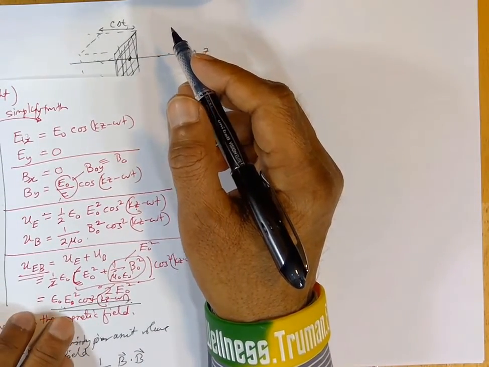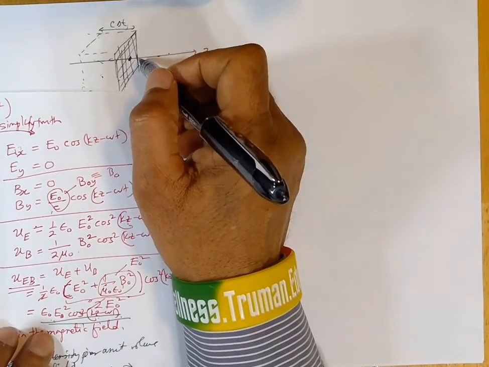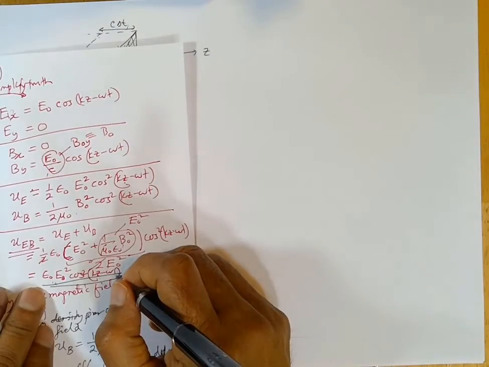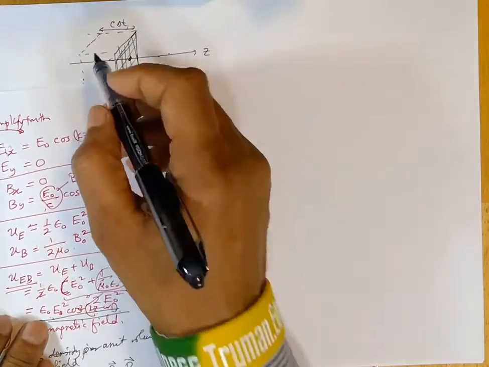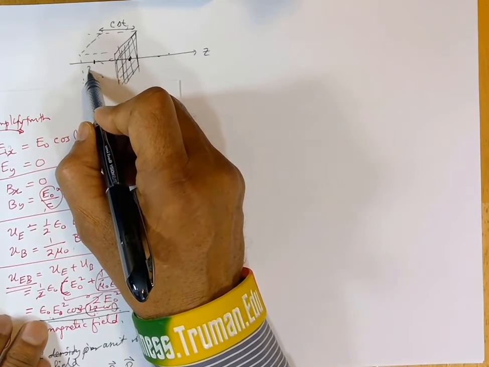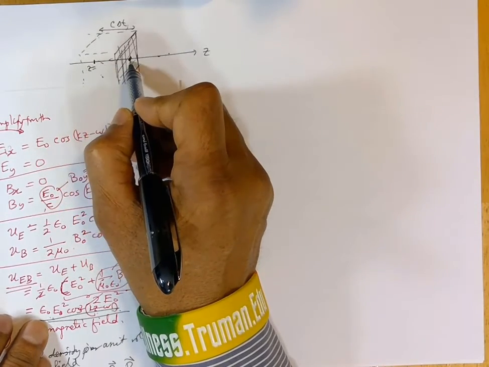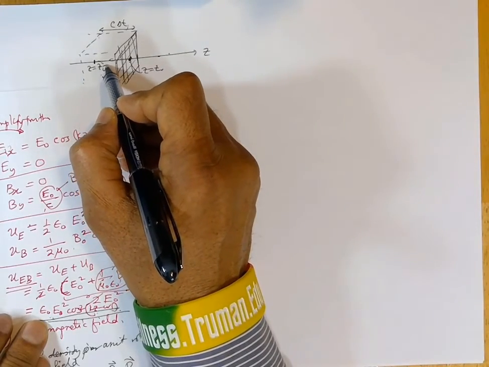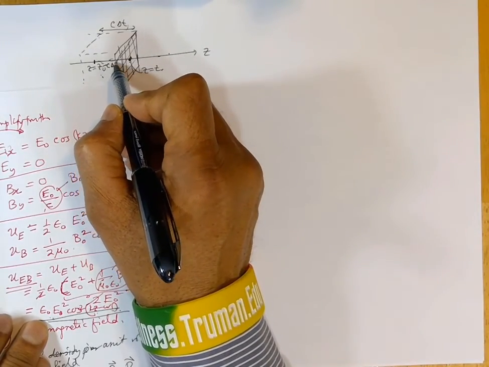If I just freeze time, say t equal to 0, and z equals z0, then the region extends to z0 minus c delta t.